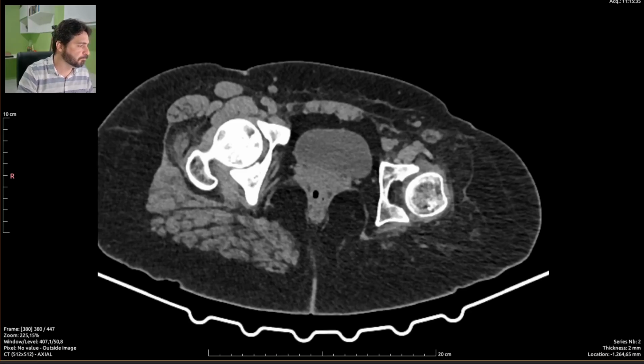So, just going to summarize to make it easier for the referring doctor. The spinal disease, chronic degenerative disease.